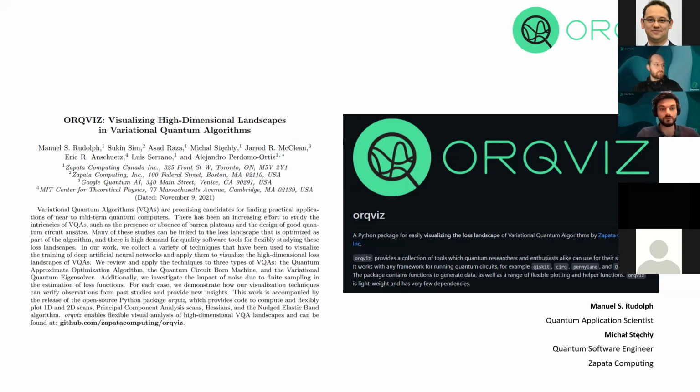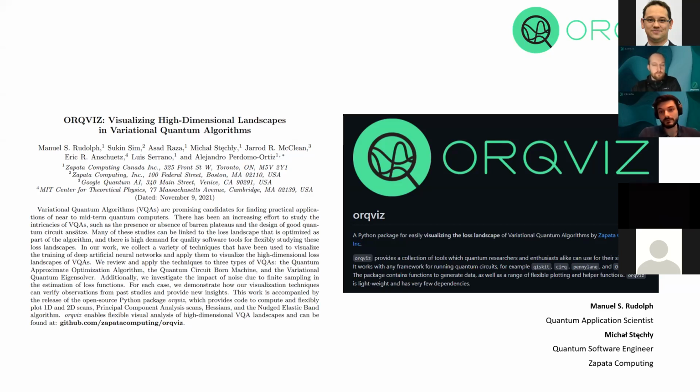So we try to find a phrase, here variational quantum algorithms, to encompass all kinds of parameterized algorithms. We are quantum researchers, so we provide some helper functions which are specific for quantum algorithms, but this is not limited to just quantum algorithms.